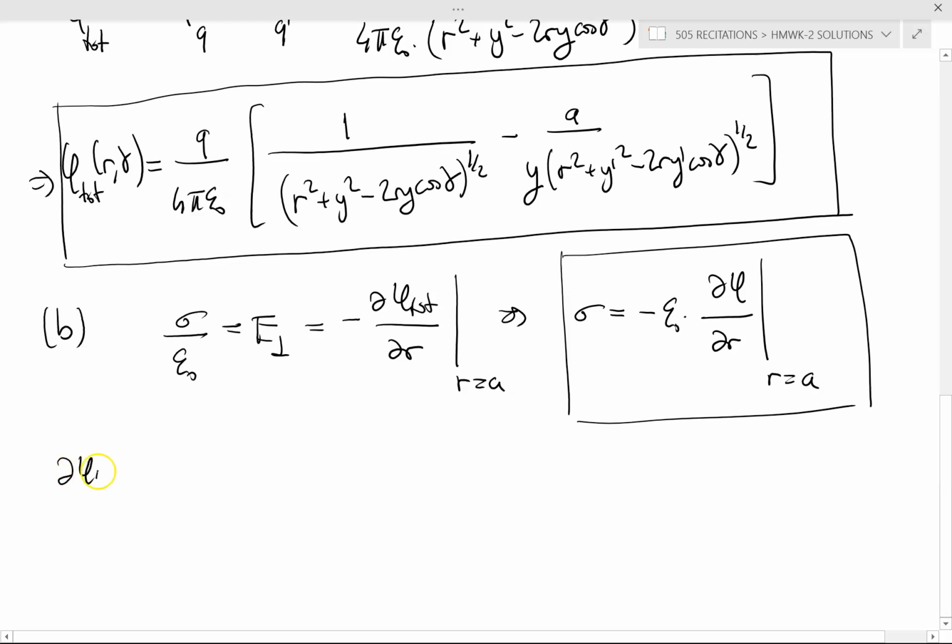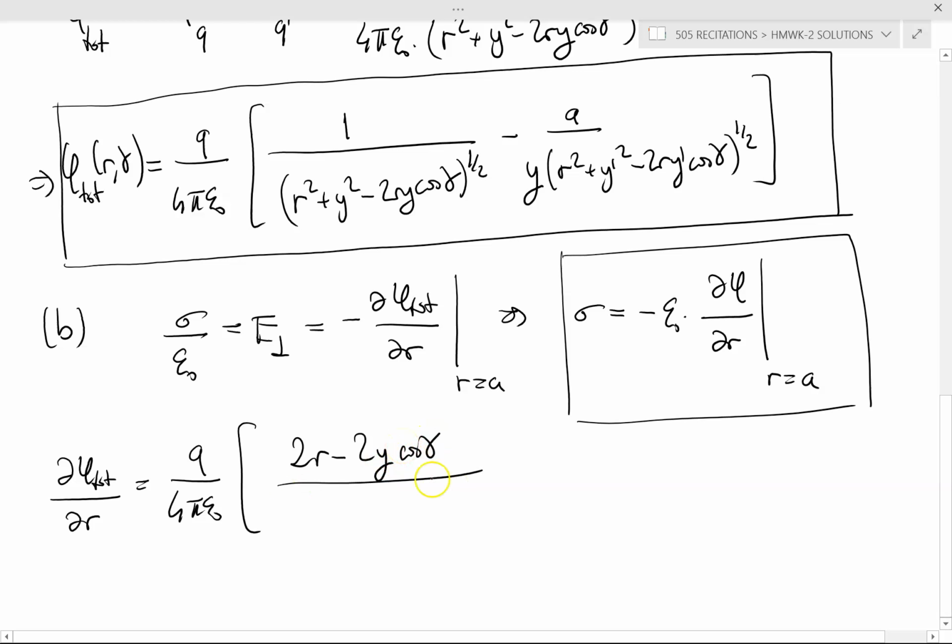So delta phi total divided by delta R is equal to Q over 4 pi E0. How can I take the derivative of this? Minus 1 over 2 is the power. Derivative inside 2R minus 2y cosine gamma, over r squared plus y squared minus 2ry cosine gamma to the power of 3 over 2.